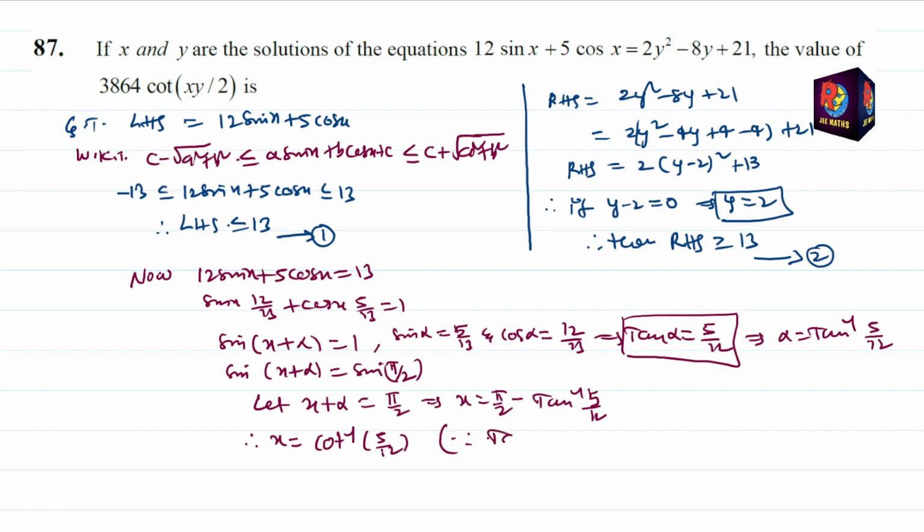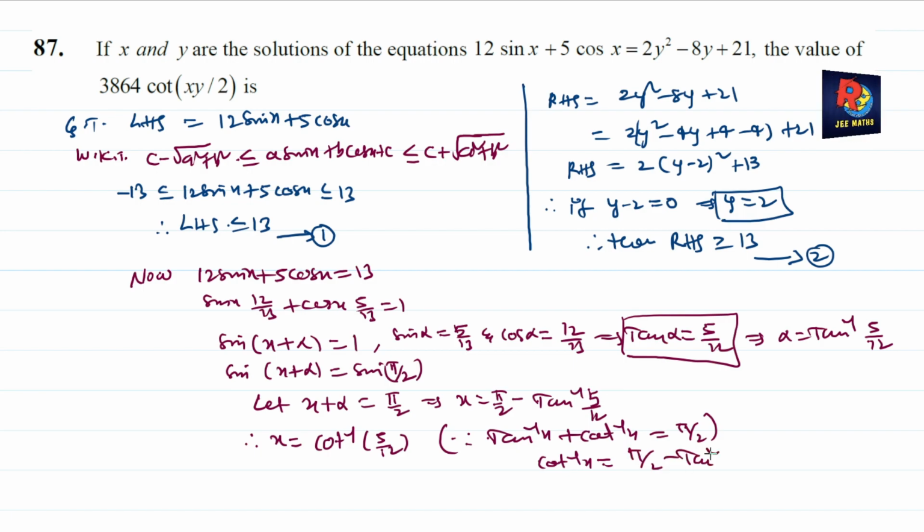Since tan inverse x plus cot inverse x equals 90 degrees, cot inverse x equals 90 minus tan inverse of x, using this property. From this, cot x equals 5 by 12.